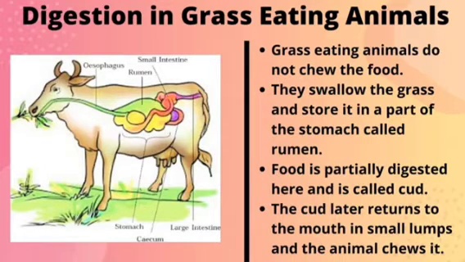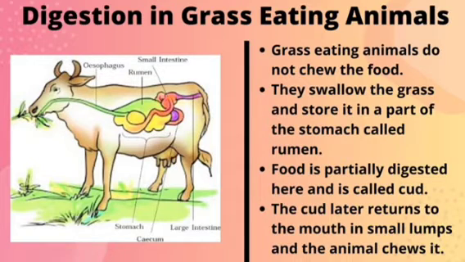The animals, while eating grass, do not chew the food. They just cut it and swallow the grass and store it in a part of the stomach called the rumen.